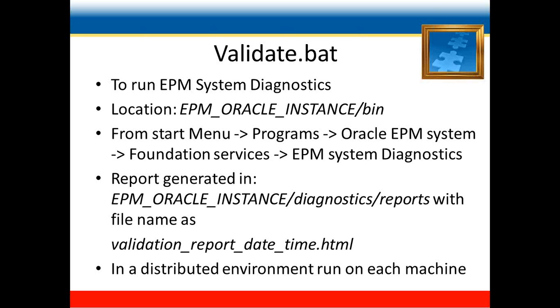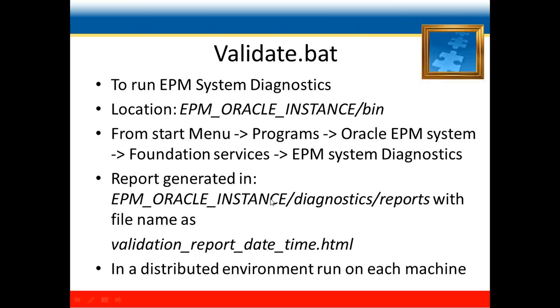Remember that prior to running this utility, you will have to start all the services for which you want to run the diagnostic report, so that validate.bat comes to know which services are running and gives us the correct result. Once you run this EPM system diagnostic utility, that is validate.bat, you will be provided with a report generated in the directory shown here, under EPM Oracle instance, under diagnostics, and under the reports folder.